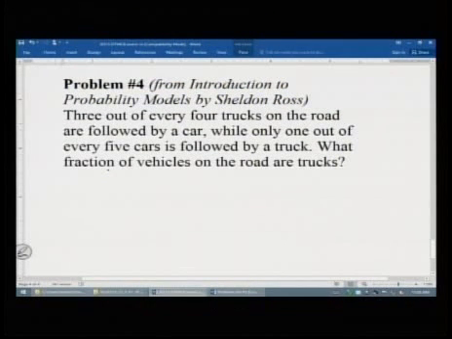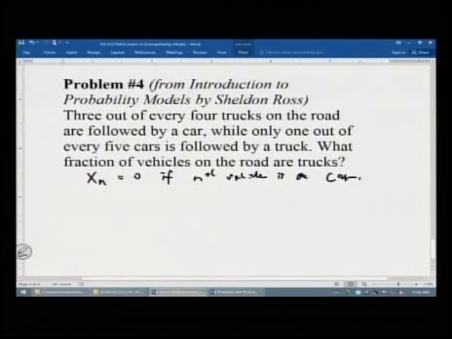So if I say x of n is 0 if the nth vehicle is a car, and let's say x of n is equal to 1 if the nth vehicle is a truck.